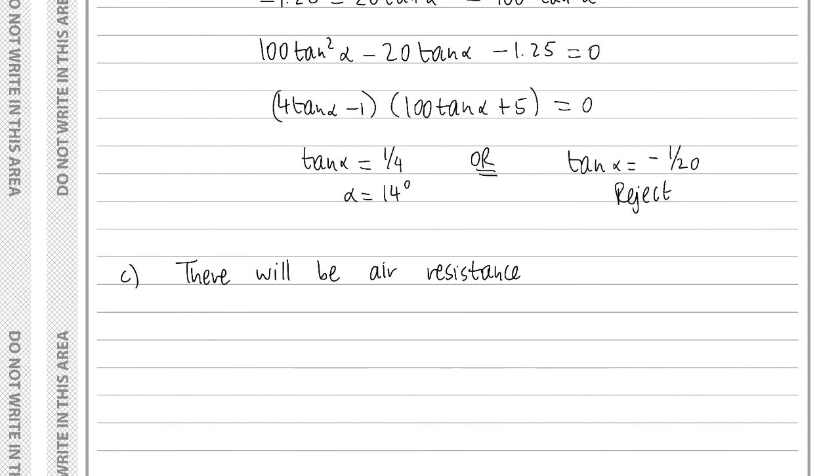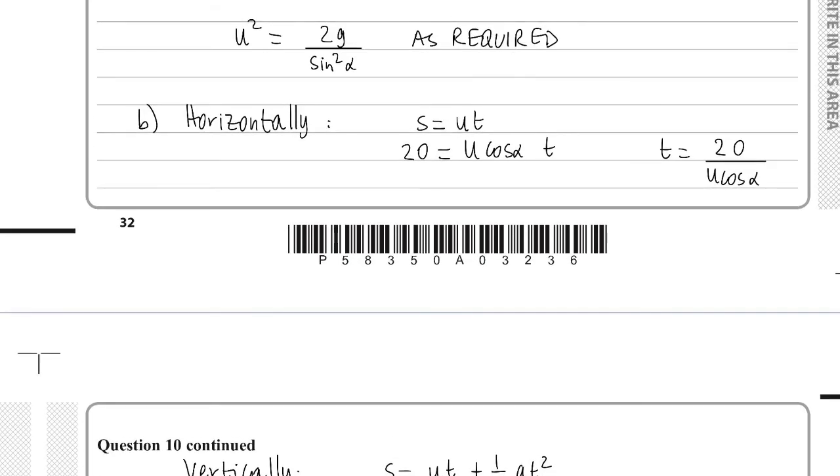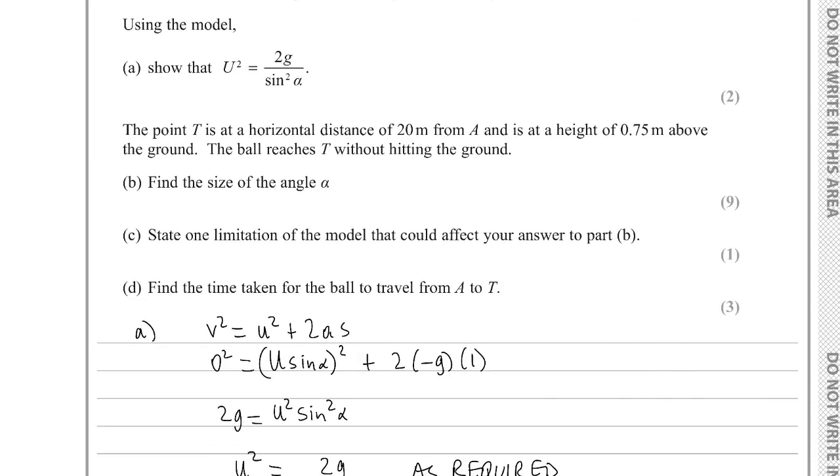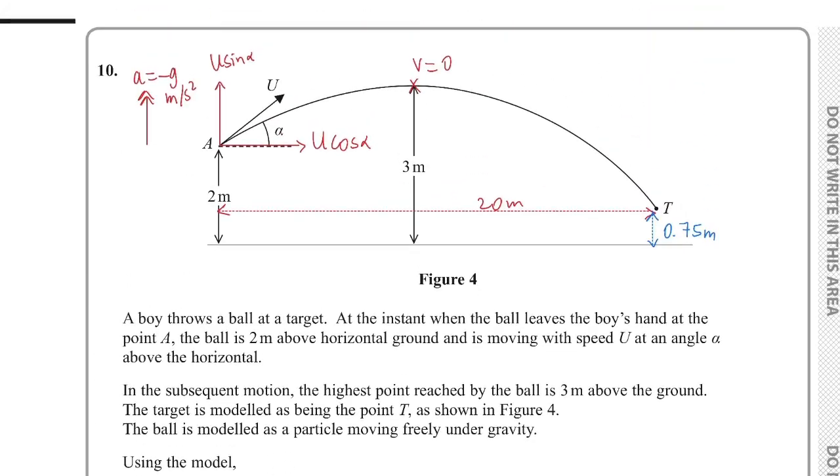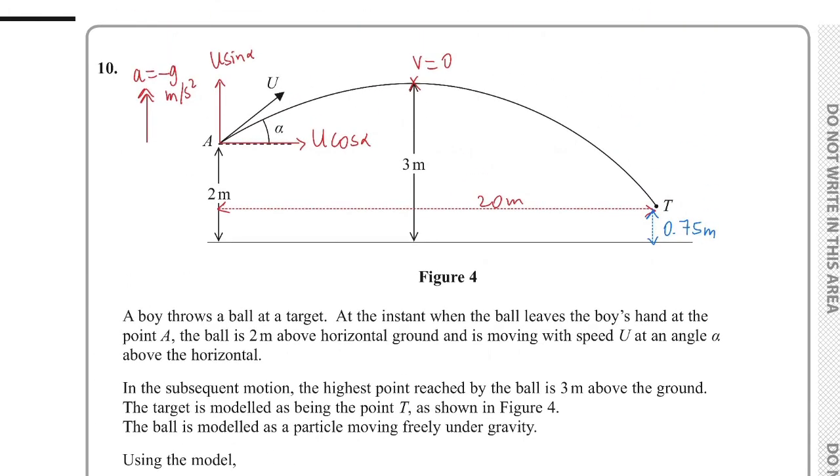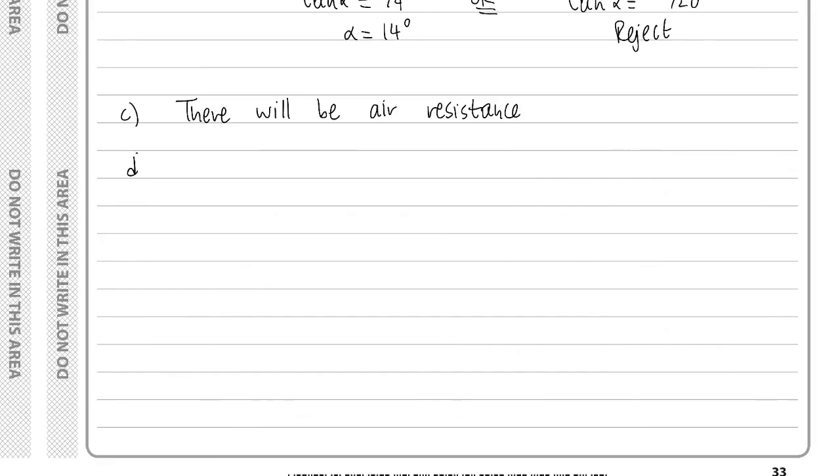And then we've got part D. Find the time taken for the ball to travel from A to T. So we need to find the time to go from A to T here. We've got the angle, so we could gather together all the information we have extracted up to now.